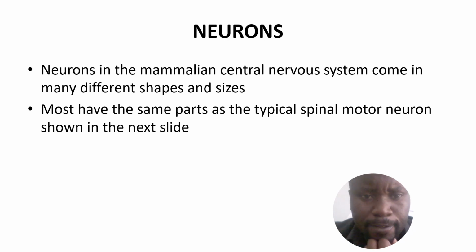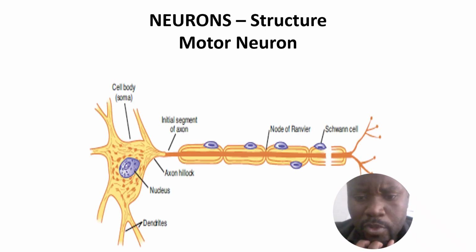Neurons, being nerve cells, come in different types and shapes, but most of them have the same parts that are typical to spinal motor neurons. So we can use a spinal motor neuron as an example to illustrate the features of a neuron. The neuron will have the soma, or the cell body, and the processes or extensions.